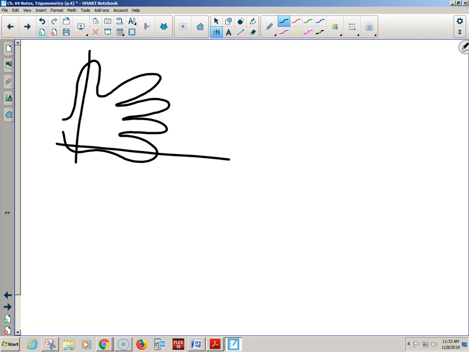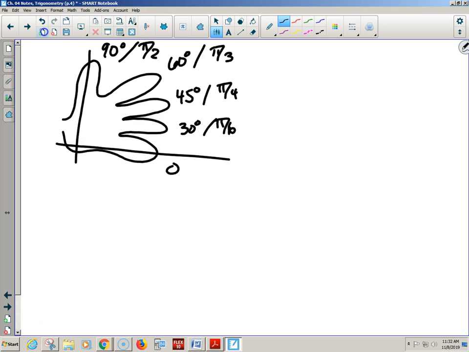Where this is my 0 and this is my 30, or my pi over 6, and this is my 45, or my pi over 4. Or this is my 60, or my pi over 3, and this is my 90, or my pi over 2. It's like the cheater chart on your hand.